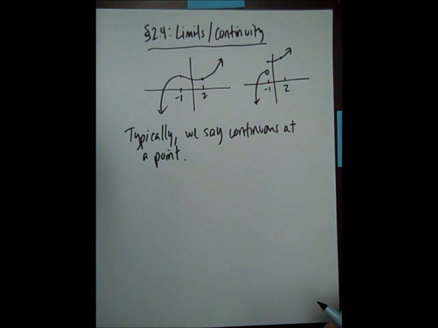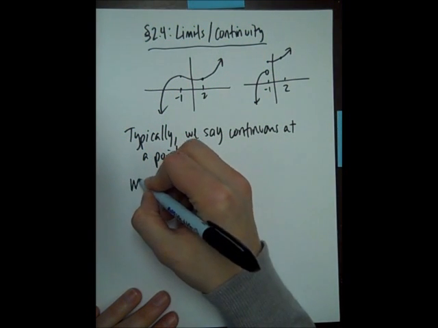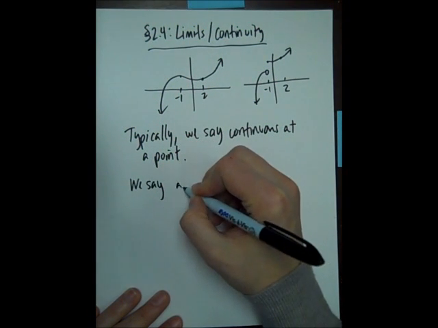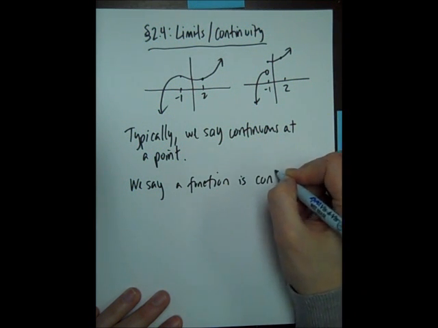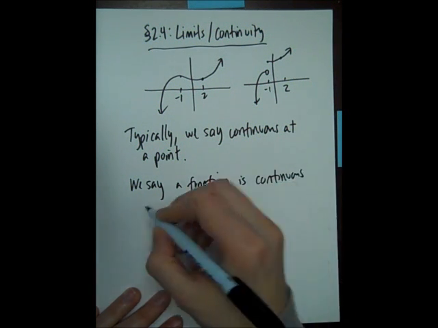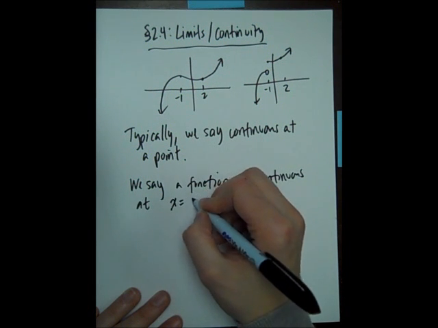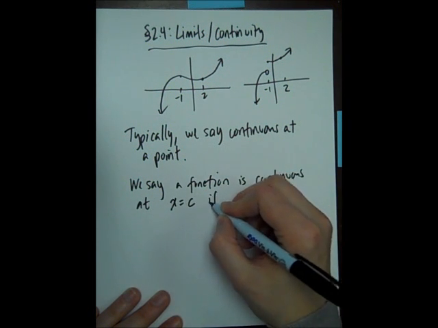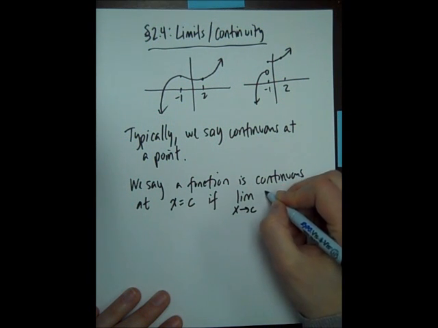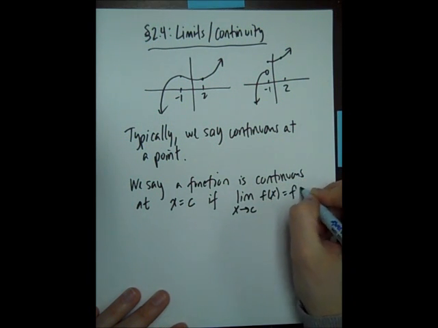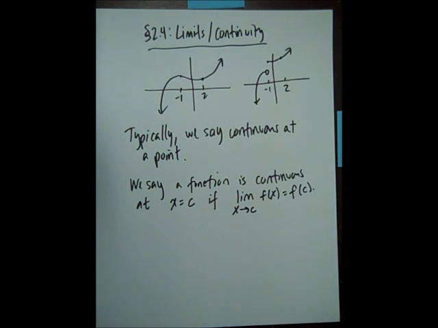So there are 3 things that have to be true about a function being continuous. We say a function is continuous at, let's say, x equals c, if the limit as x approaches c of f of x is f of c.